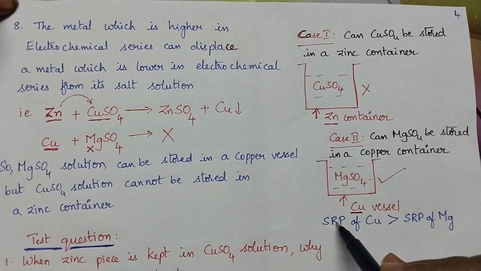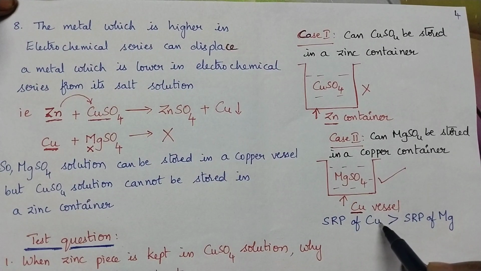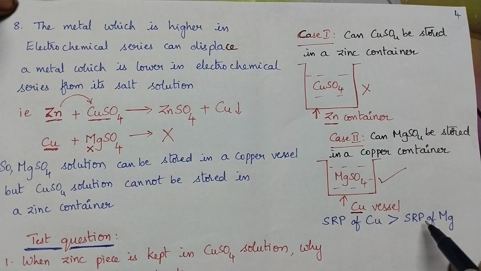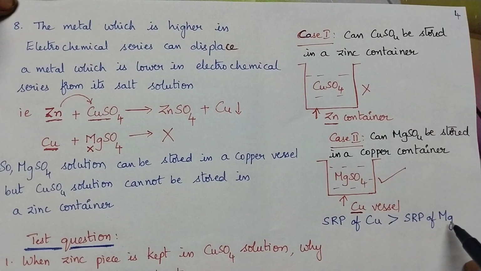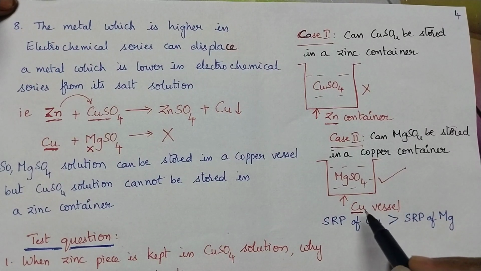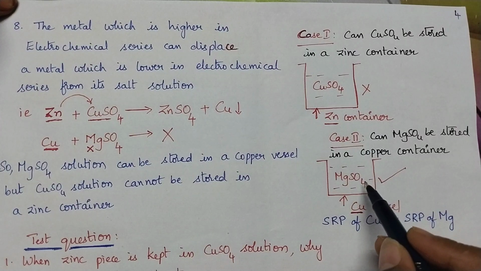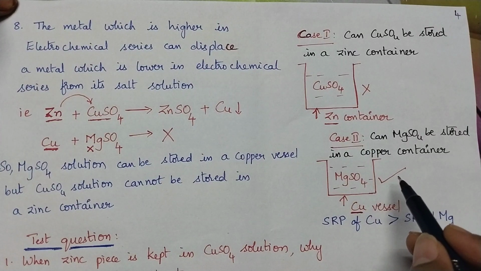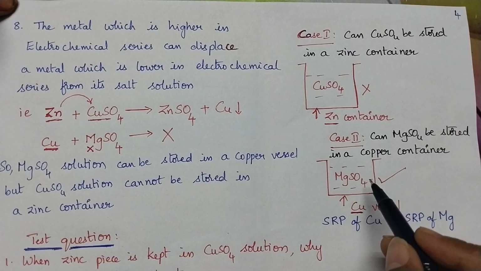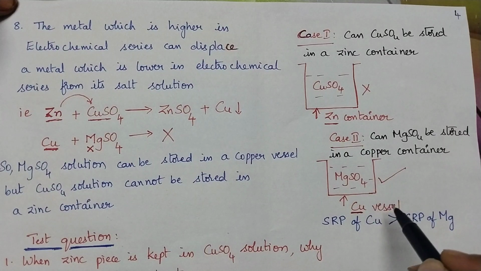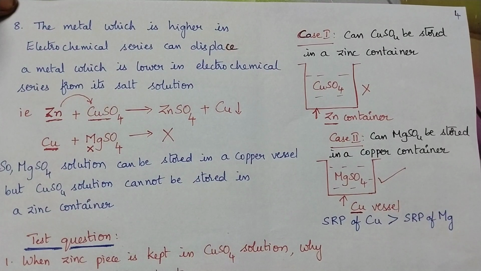Why? The standard reduction potential of copper is greater than the standard reduction potential of magnesium. In this case, copper will not react with magnesium sulfate solution, and hence we can store magnesium sulfate solution in a copper container. Is it clear, students?